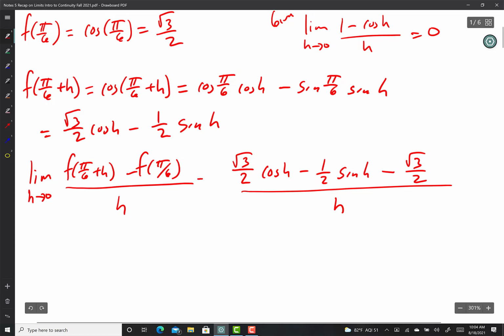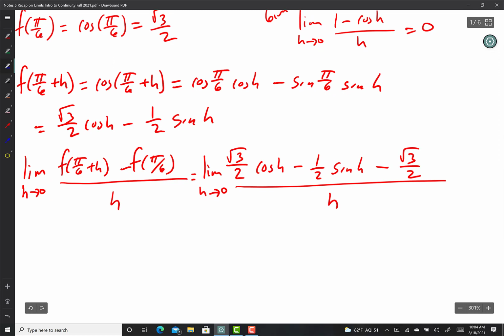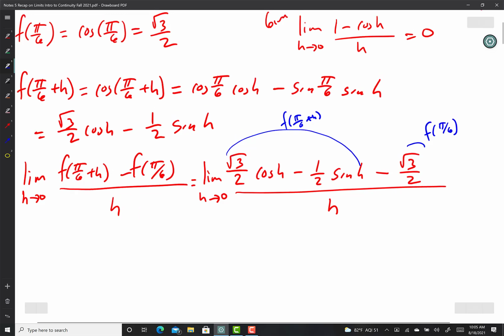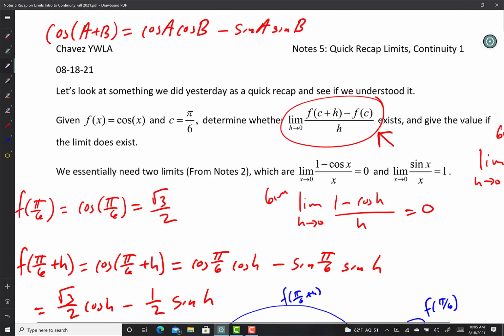Limit as h approaches 0. This right here is the f of pi over 6 plus h. This here is from the f of pi over 6. And the word limit is still on top. Yes, ask. Okay, so just to clarify, the f of pi over 6 is from the minus f of c, right? Yeah, but they told me right here what c is.